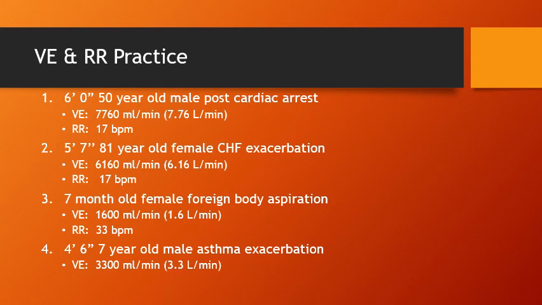This is a pediatric patient, so the way we got this value was by multiplying his ideal body weight by 150. And that gives us 3,300 milliliters per minute. For his respiratory rate, we're just going to take that 3,300 milliliters per minute divided by the tidal volume that we already calculated for him, giving us a respiratory rate of 19 breaths per minute.